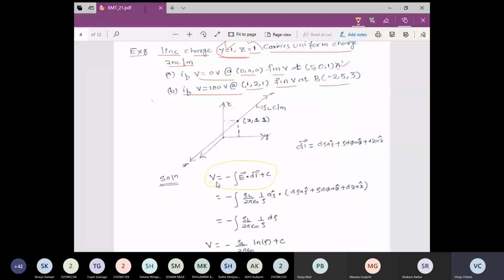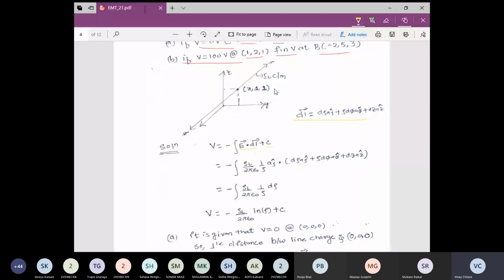We know that potential is given as V equal to minus the line integral of E dot dl, plus C. This plus C has come into the picture because I'm not showing any limits; I'm not solving a definite integral, so we don't have information about the initial point and the final point. In that case, we can take up this formula, V equal to minus the integral of E dot dl plus C. Here dl is a very general differential length.